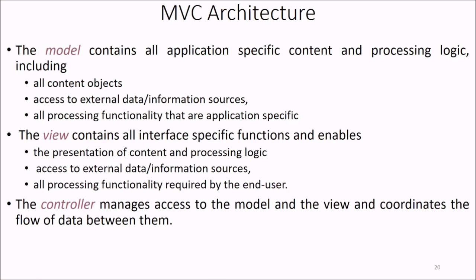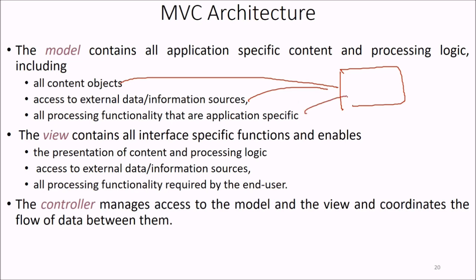So in this model view controller architecture, the model contains all the application specific content and the processing logic, including the content objects, access to internal and external data information sources, or processing functionality that are application specific.